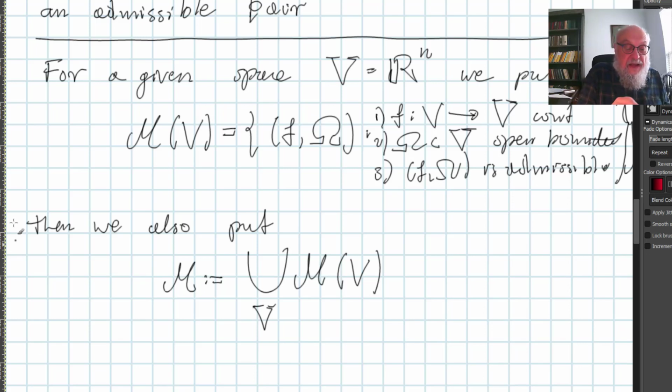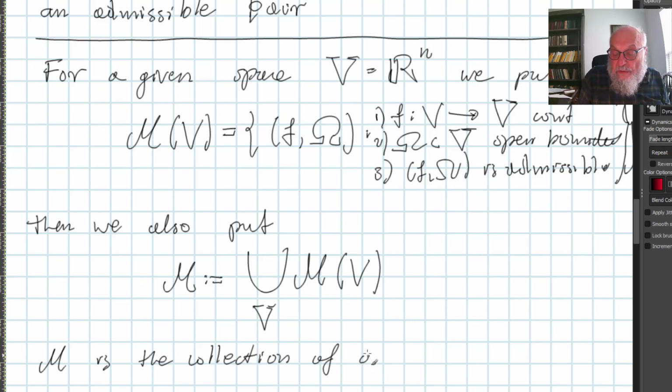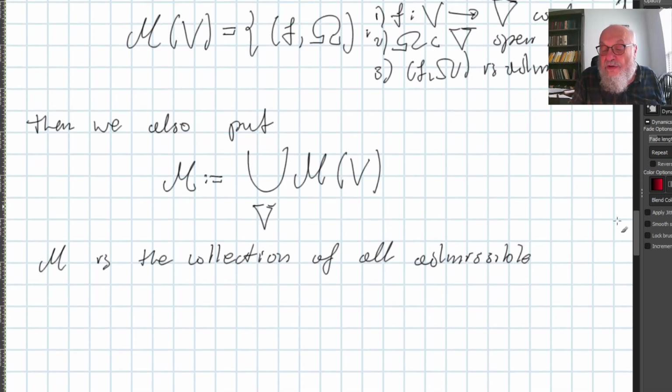In such a case, M is the collection of all admissible pairs in Euclidean space.